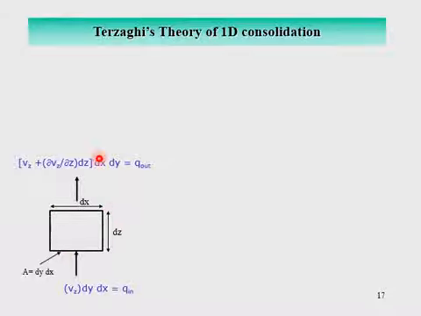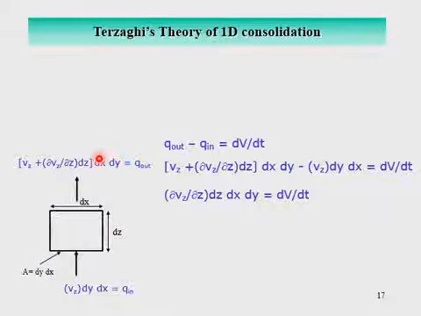As the water goes out of the soil element, there is a compression, a consolidation of the soil element. So q out minus q in is dV by dt, the change in volume per unit time. Now you plug in the values of q out and q in in this equation, and that reduces to curly v_z over curly z, dx dy into dz, is equal to dV over dt.